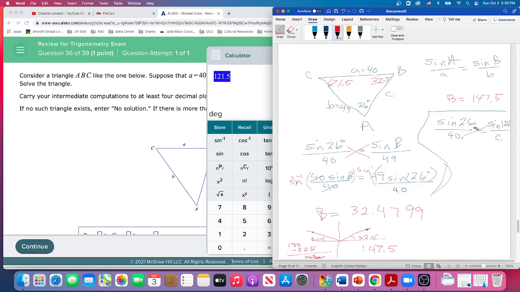I'm going to cross multiply, so that's 40 times the sine of 121.5 equals c times the sine of 26.